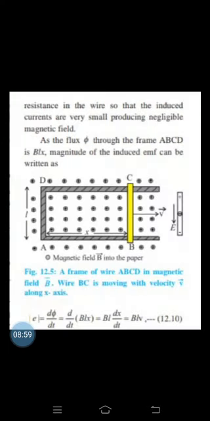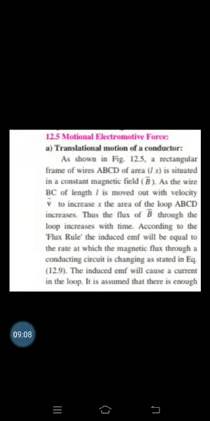The area of a rectangle is length into breadth. Here the length is small l and the breadth is x. It is situated in constant magnetic field B bar as the wire BC of length L is moved out with velocity v to increase x. Then the area of loop ABCD increases, and therefore the flux of B bar through the loop increases with time.